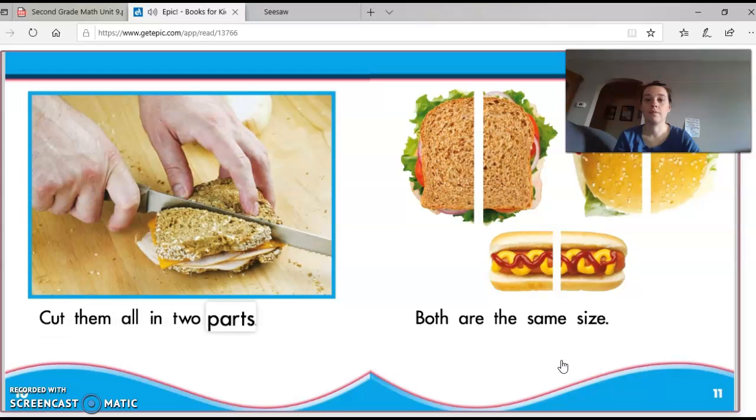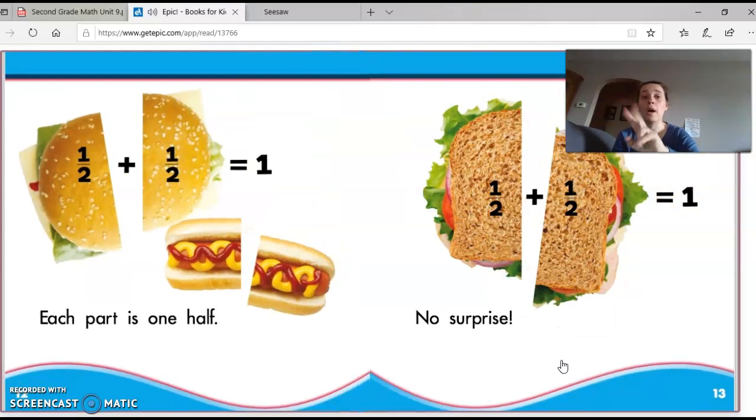Cut them all in 2 parts. Both are the same size. Now we cut them all into 2 parts. 1/2 plus 1/2 equals 1 whole. No surprise.